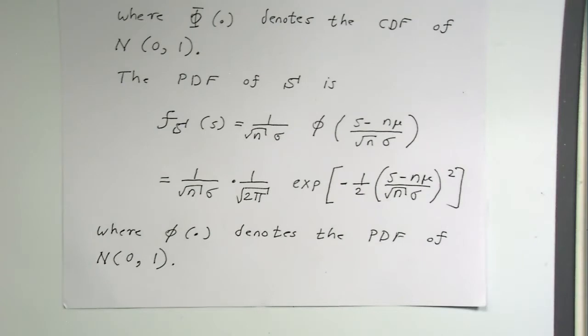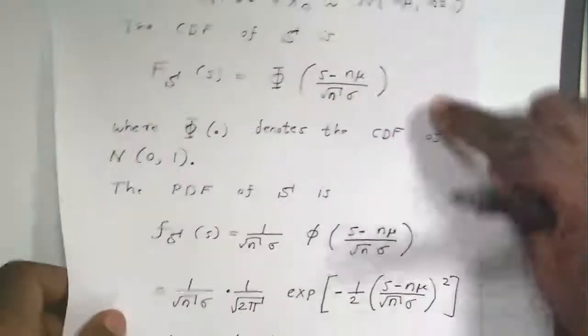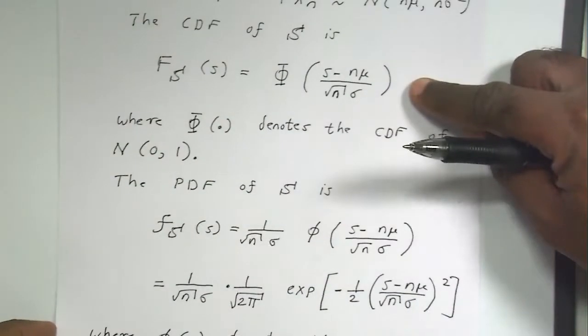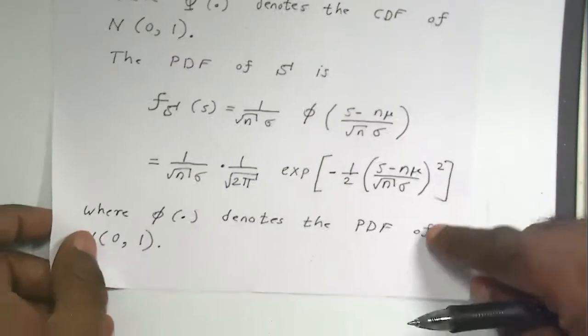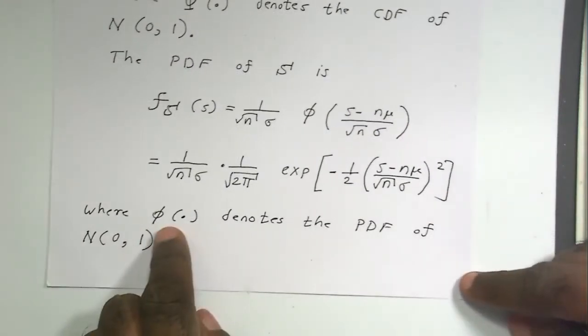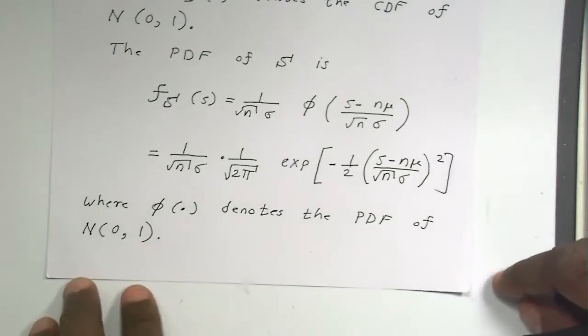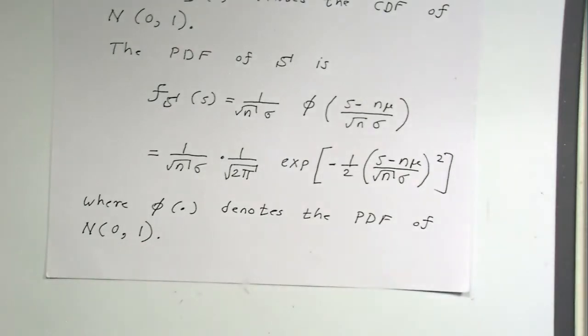Is that clear or not? Do you know how I got this? You just find the derivative of the CDF, and you get this. So if you differentiate what I wrote above with respect to S, you will get this. And this is equal to this because little phi is the PDF of the standard normal. I'm sure all of you know the formula for little phi. Any questions, guys?